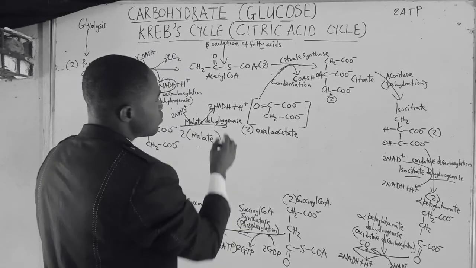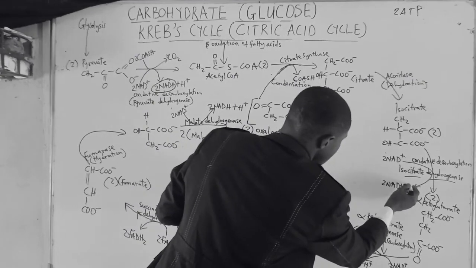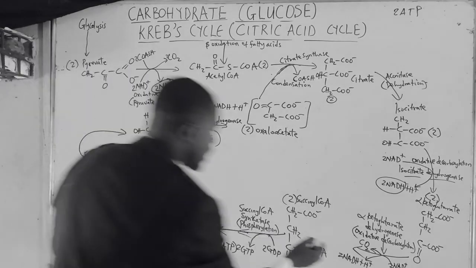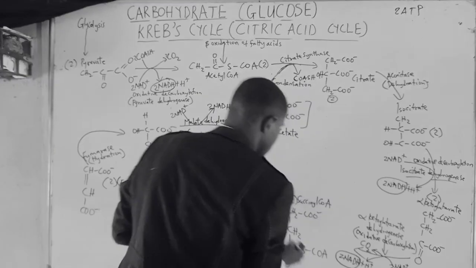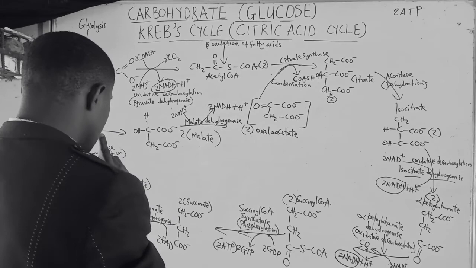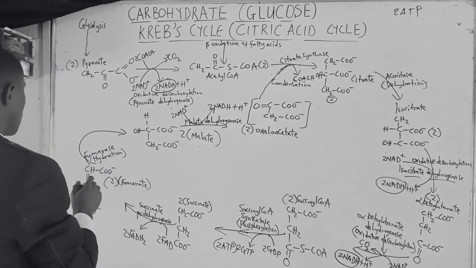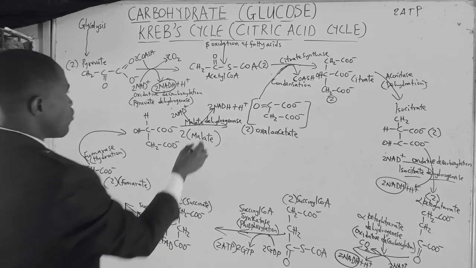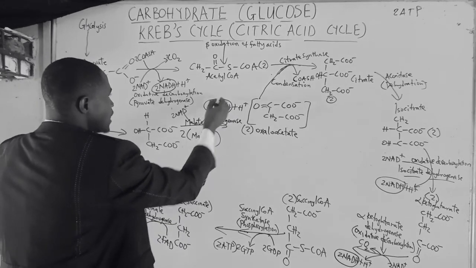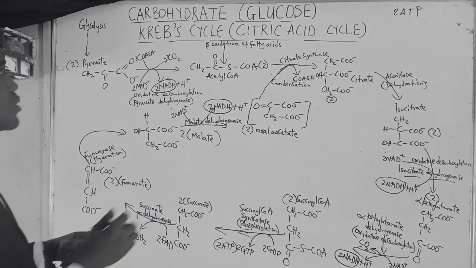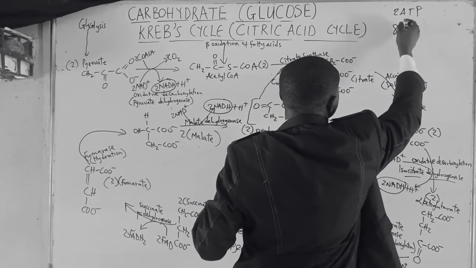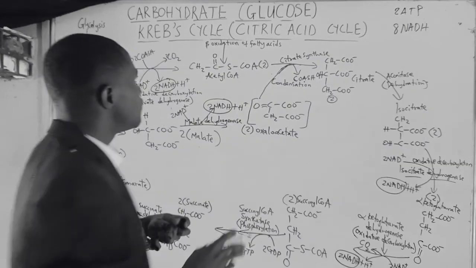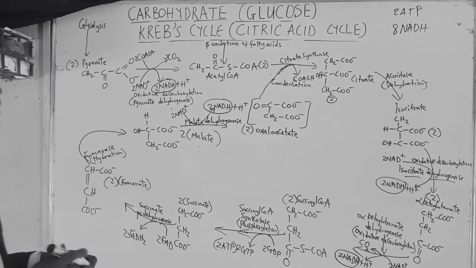Another 2 molecules here, 4 molecules. Another one, 6 molecules. Then another one here, 8 molecules of NADH from TCA, from the Krebs cycle or citric acid cycle.